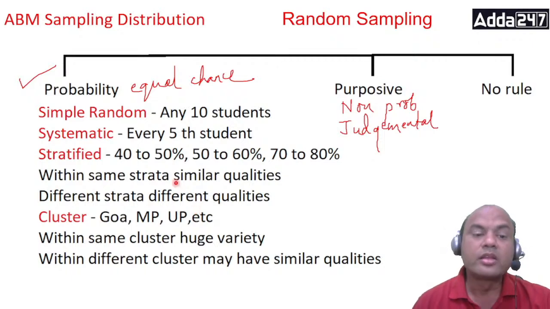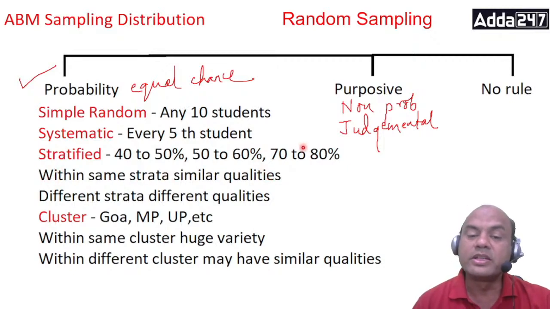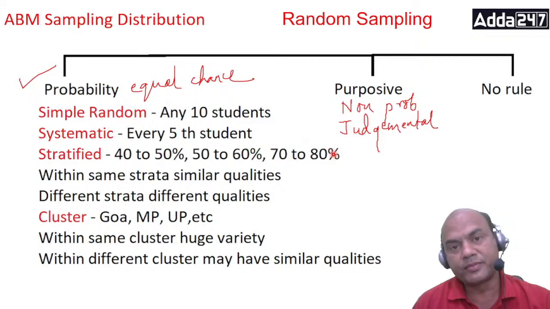Now one important point I'll give you over here, on stratified and cluster. Within the same strata, they have similar qualities. This means students in the 70 to 80% range will think similarly to each other.